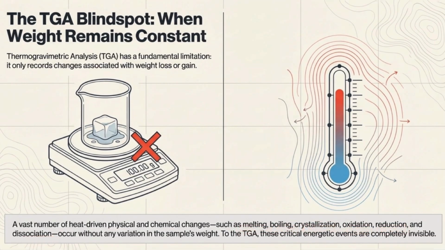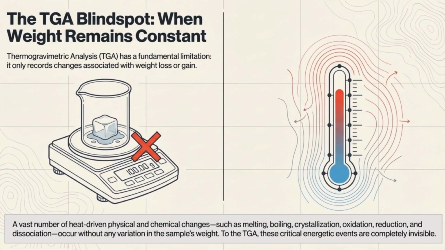All these changes occur without change in the sample's weight. So TGA is not sufficient to predict these changes, and it is only useful for techniques in which there is either weight loss or gain.